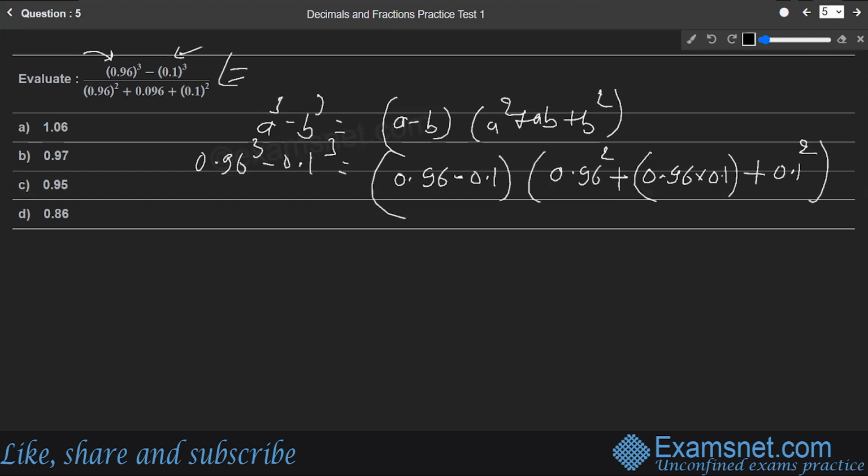This is how the numerator will look. The denominator is copied as it is: 0.96 square plus 0.096 plus 0.1 square. This is what we have converted by utilizing the formula of a cube minus b cube.